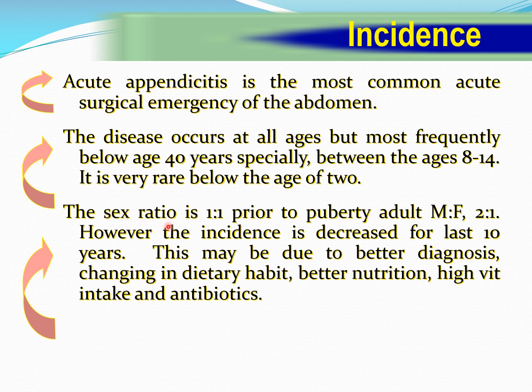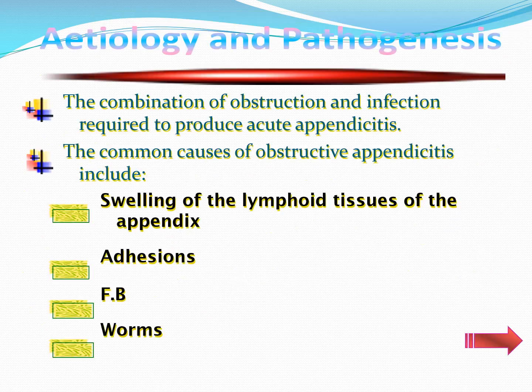The sex ratio is 1:1 prior to puberty, and in adults males to females is 2:1. However, the incidence has decreased over the last 10 years. This may be due to better diagnosis, changes in dietary habit, better nutrition, high vitamin intake and antibiotics.